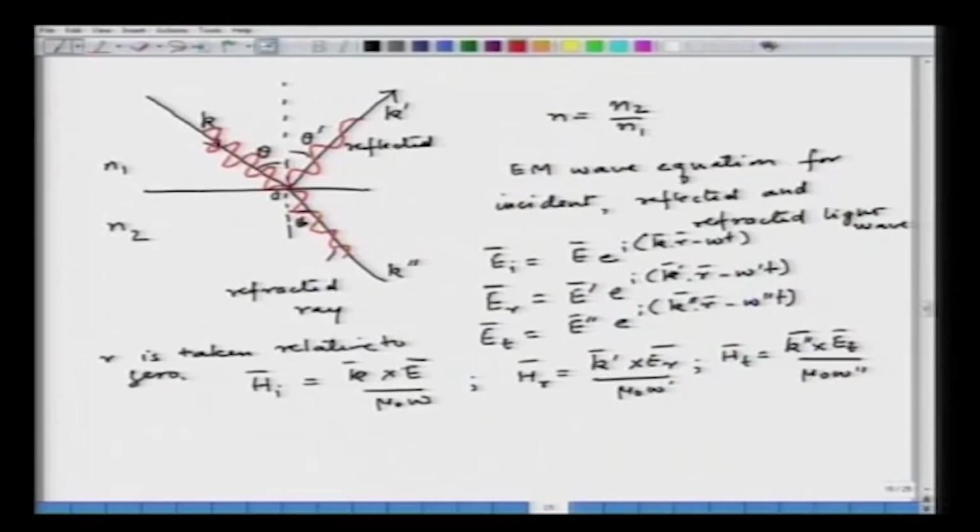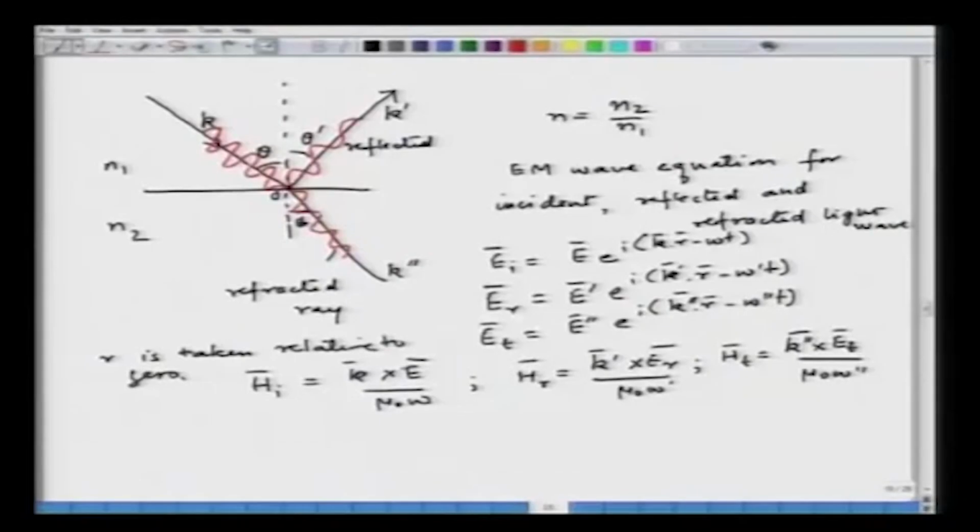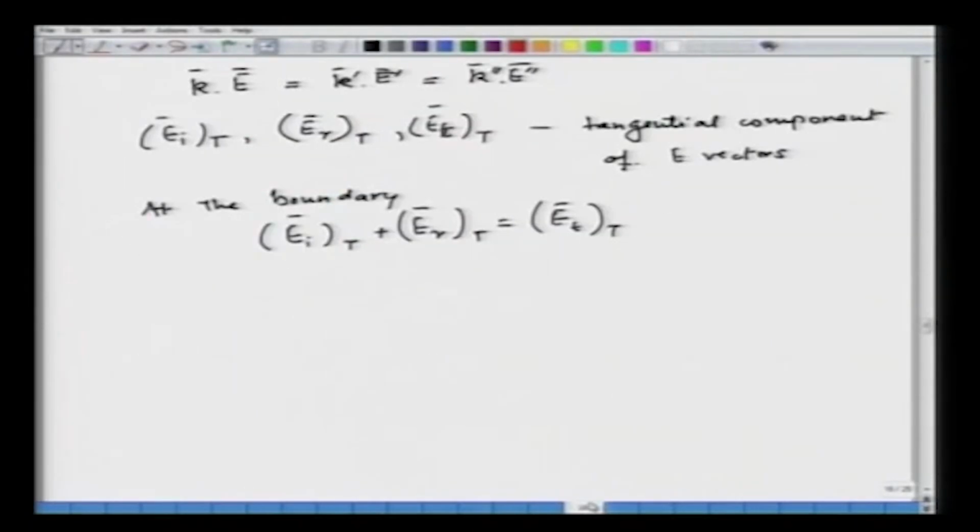What we are saying is at this point, all the tangential components, if we add up for the incident and the reflected ray, since it has to be continuous across the boundary, should be equal to the tangential component in the media N2. That is the condition that we have just written here.